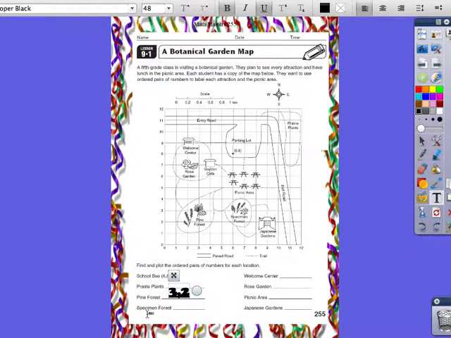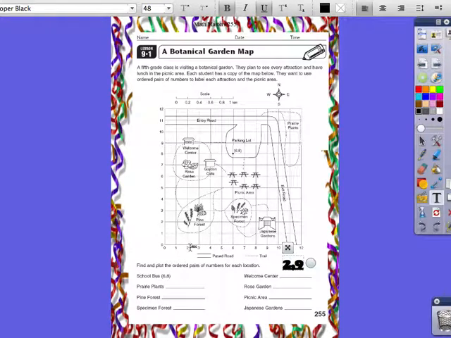The specimen forest, which is right here, we have to move first over 6.5 and go up 3. Looking for the welcome center, located right here, we have to move over first, which is 2, and up, which is 9. So 2, 9. Remember, always going over first before you go up.